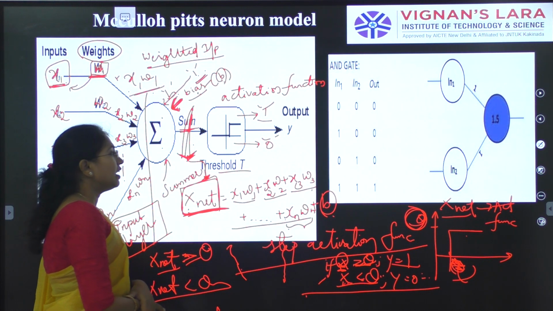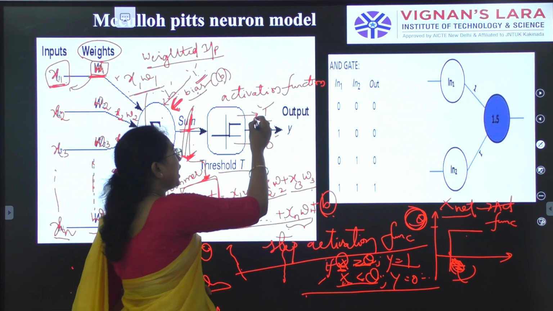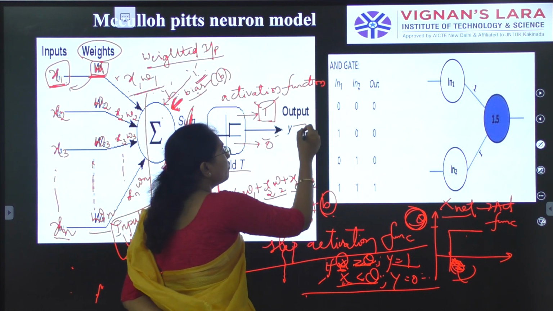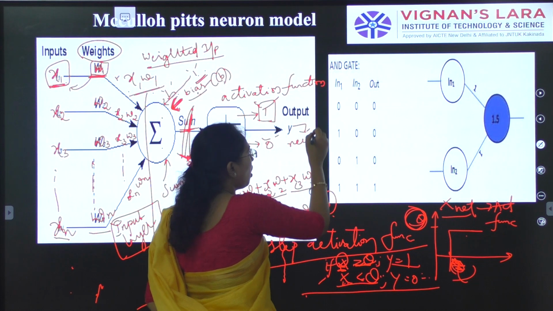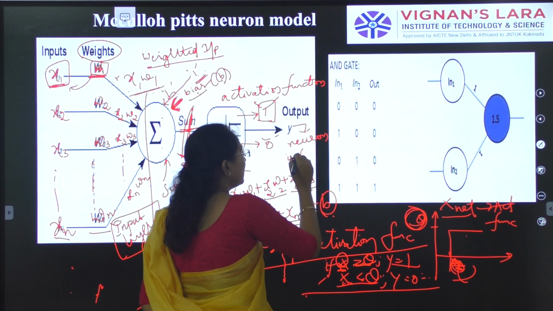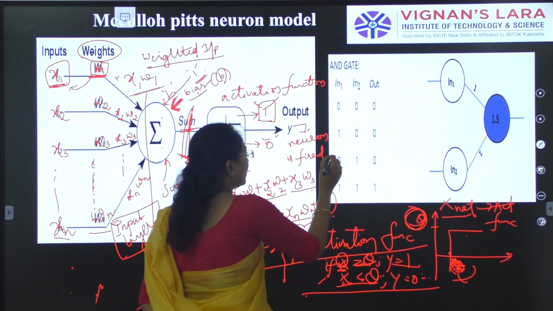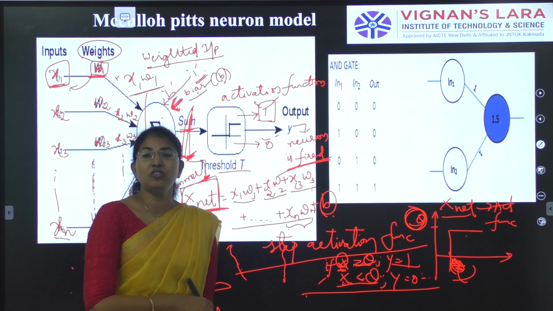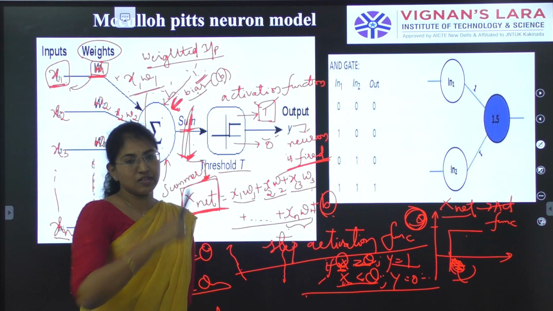And here, if 1 is obtained as the output of the neuron model, we can say that the neuron is fired, and information through that neuron is passed.